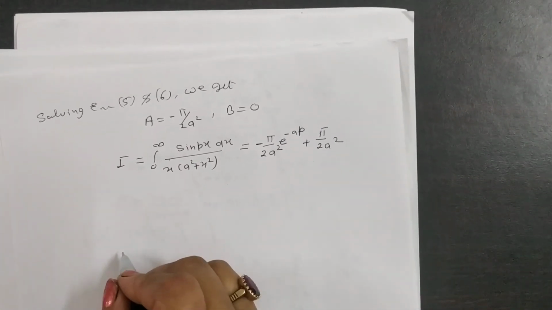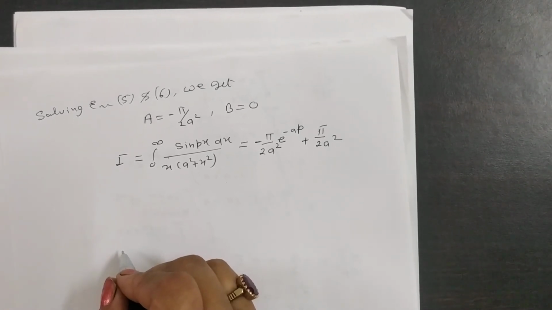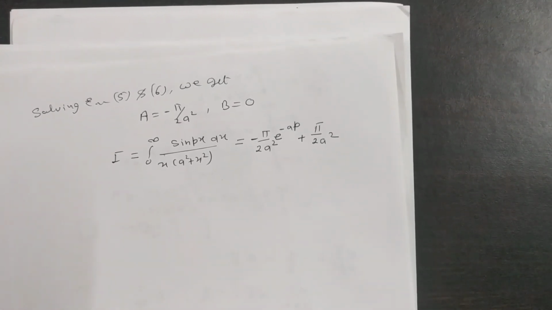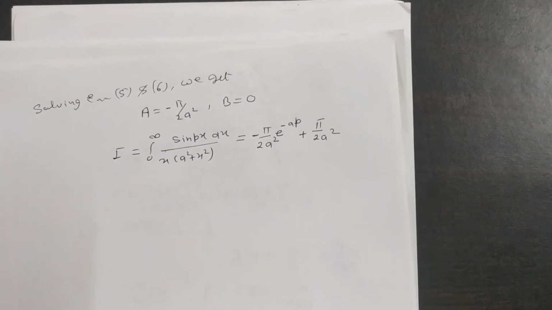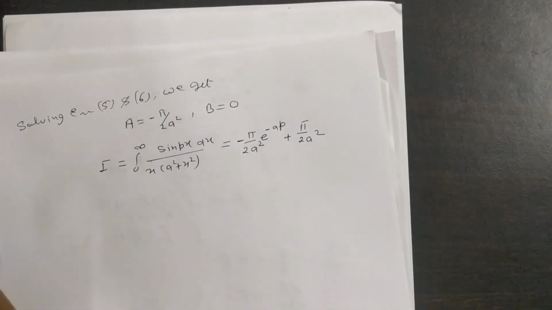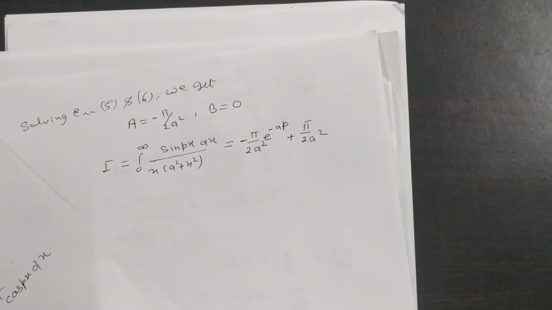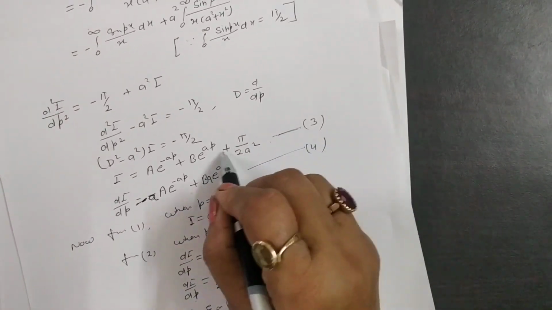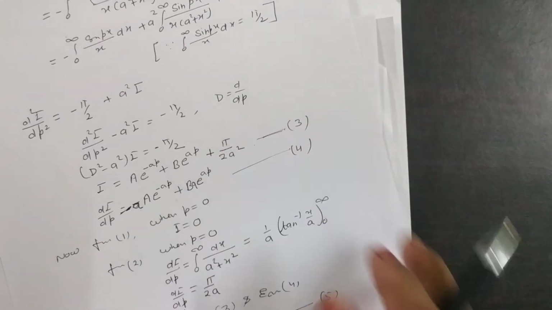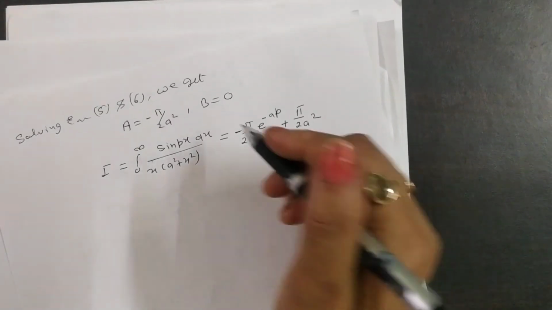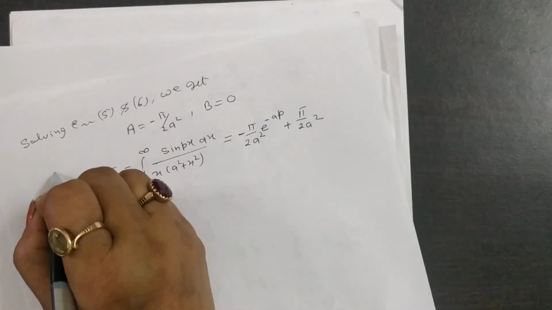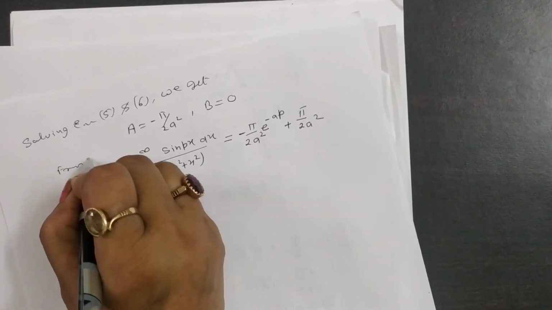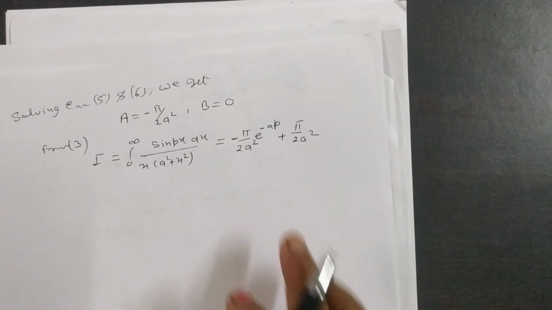Yes, clear? From equation 3, b is 0. Okay students, so you get pi by a square.